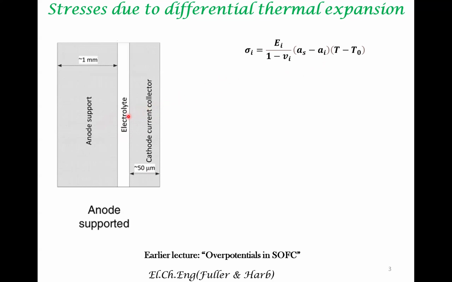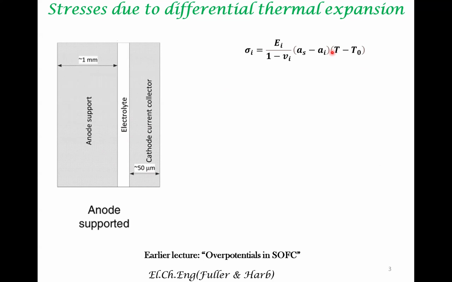Because the electrolyte is made up of a different material compared to the anode, they will have differences in thermal expansion coefficient, because of which there will be different levels of expansion of the two components. So T naught refers to a temperature wherein there were no stresses, and T refers to the temperature, especially it may refer to the temperature of operation of the solid oxide fuel cell.